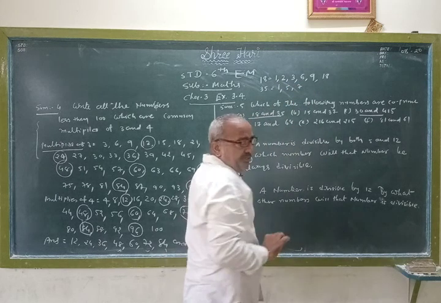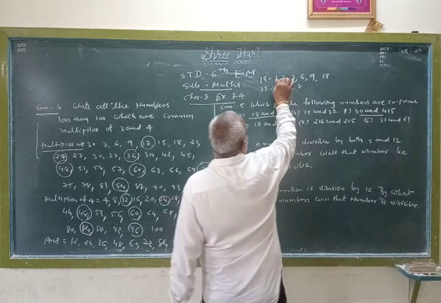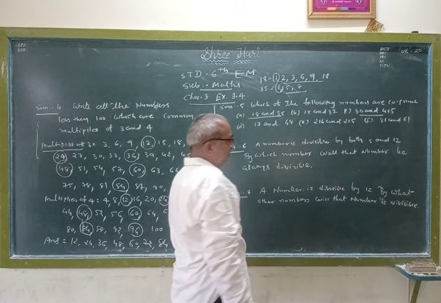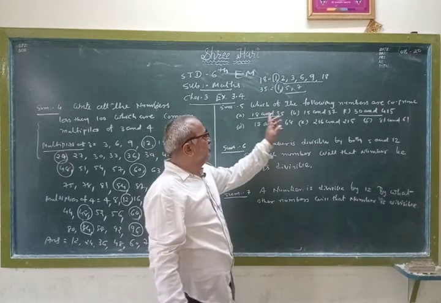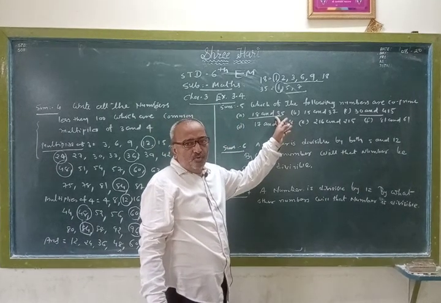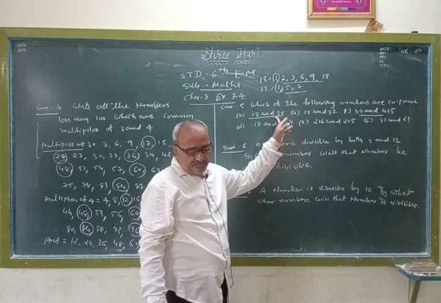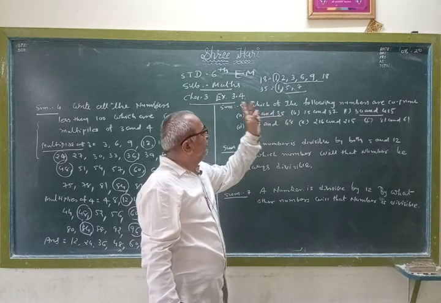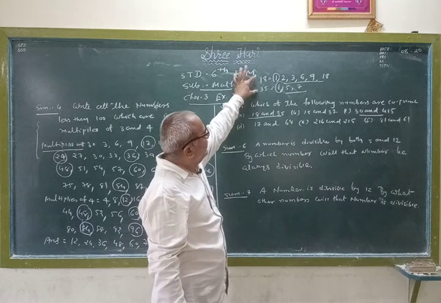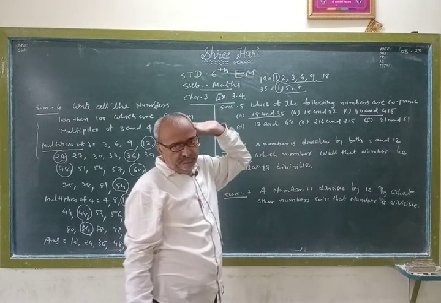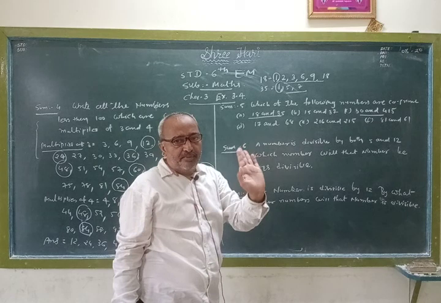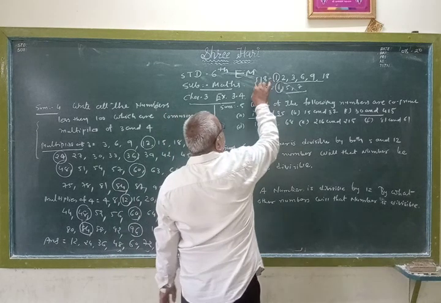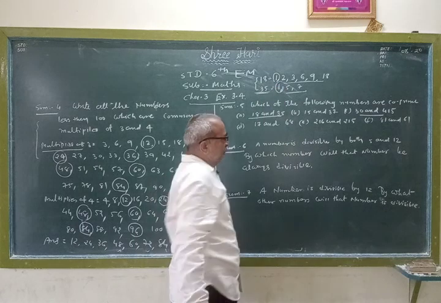You can look here. Without 1, no number is common. So these both are co-prime numbers. I am going to say that again: two numbers which have only one as common, without one no number is common, then these both numbers are co-prime.